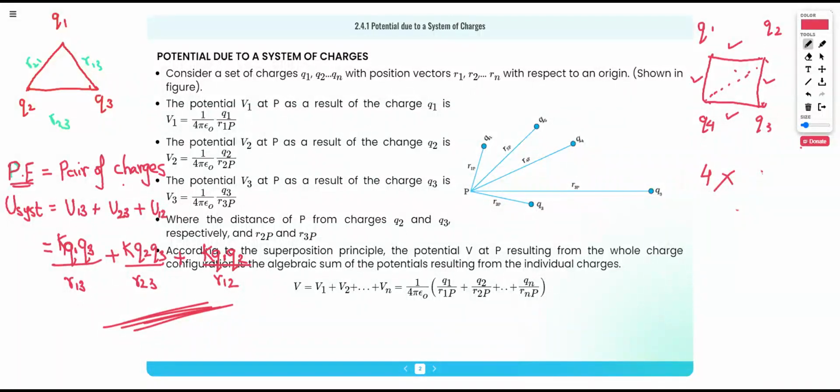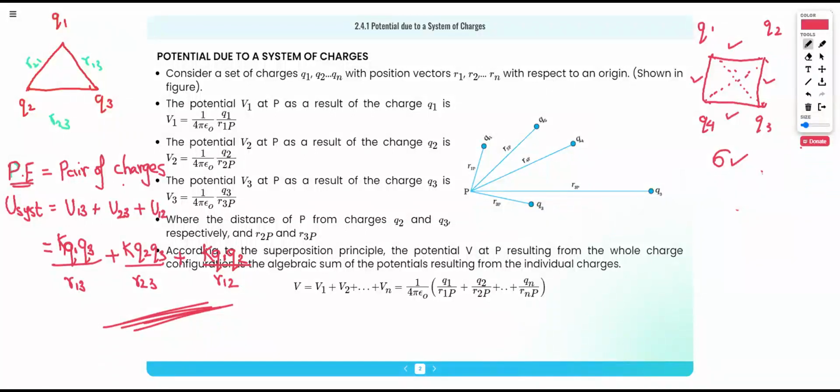Even Q2 will have influence on Q4, and Q1 will have influence on Q3. So there are 6 pairs. As there are 6 pairs, we can find 6 potential energies.